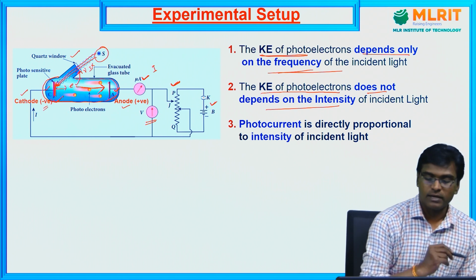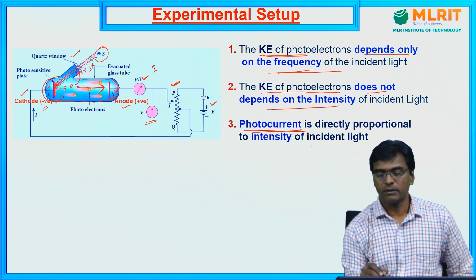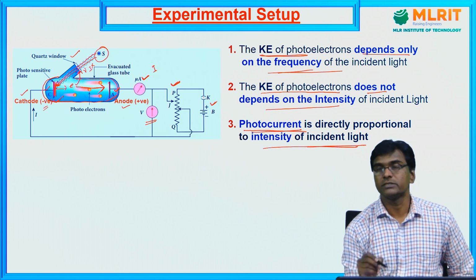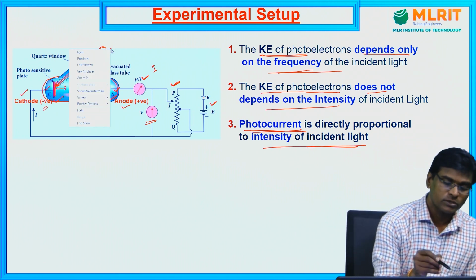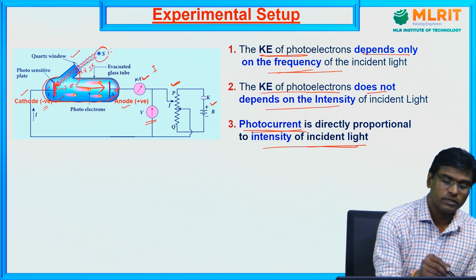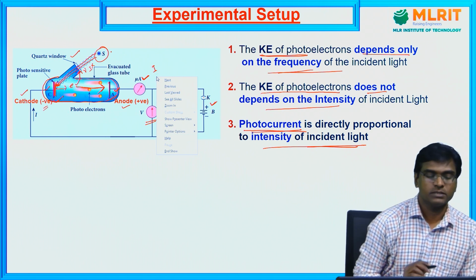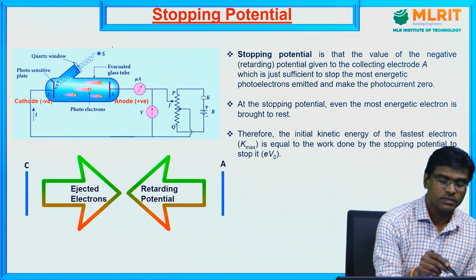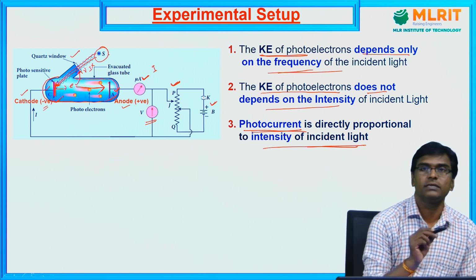Third is the photocurrent, which depends on the intensity of the incident light. If you shine a bright light, more current will be observed, and if you shine a low intensity light, the photocurrent will be less.